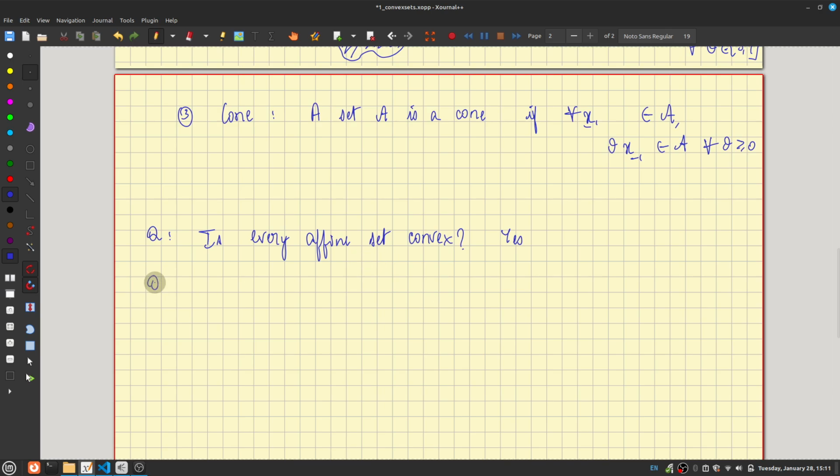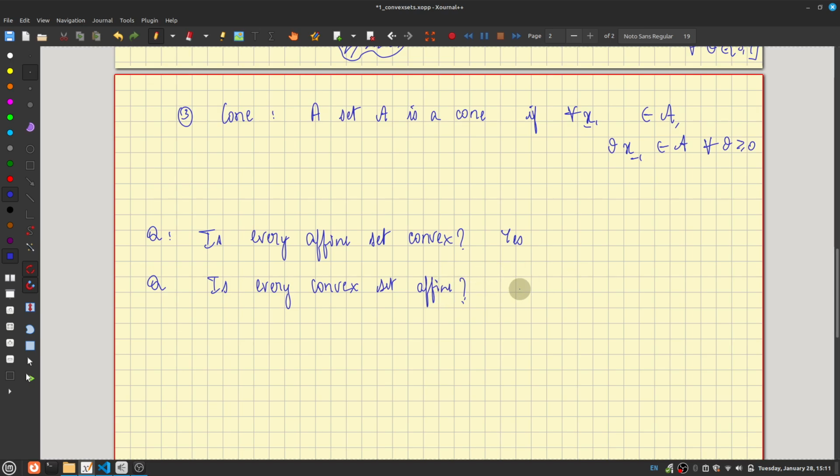What about the other way around? Is every convex set affine? No. Can you give me an example of a convex set which is not affine? Yeah, a filled circle.